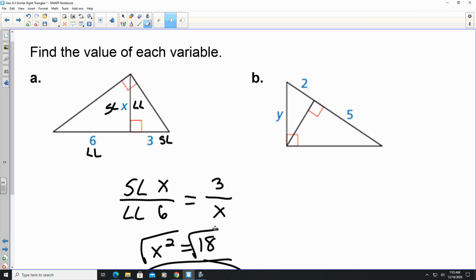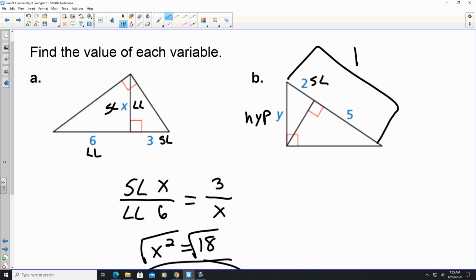So looking at the different values with respect to the small triangle, y is the hypotenuse in the small triangle, and 2 is the short leg. Now, looking at the large triangle, this right here is your hypotenuse for the large triangle, 2 plus 5, which is 7, and your value for y in this case is your short leg.